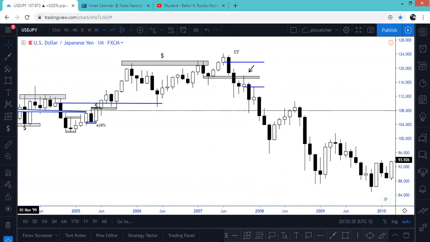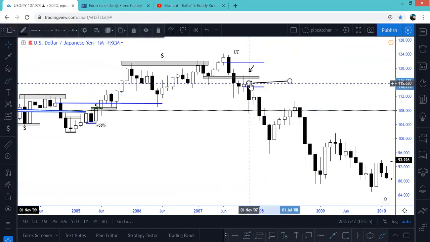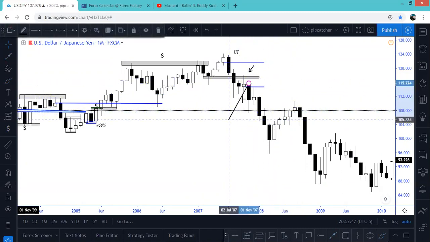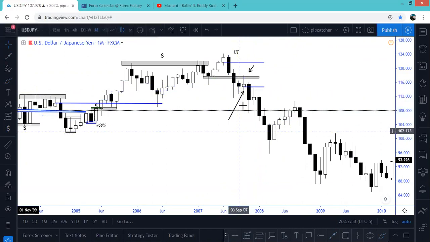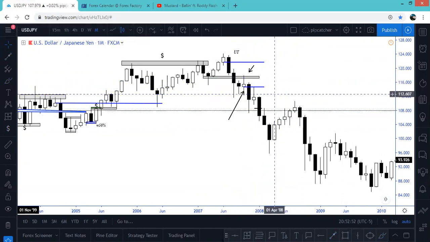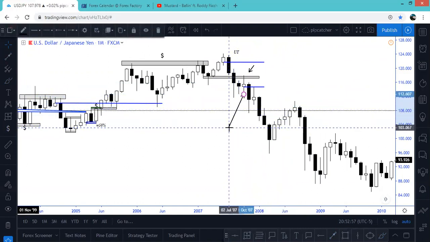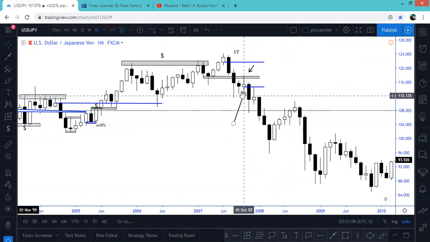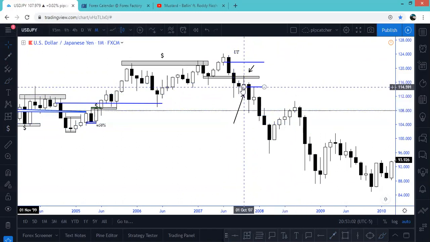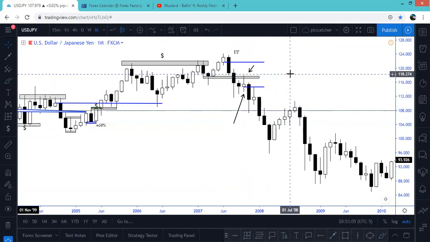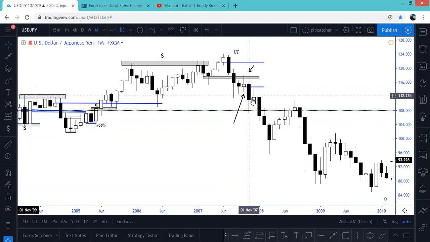So let's say in this up candle right here, there was buying. Institutions, banks, hedge funds, smart, big money players. Let's say that they were buying in this candle right here, and then they drove price down.